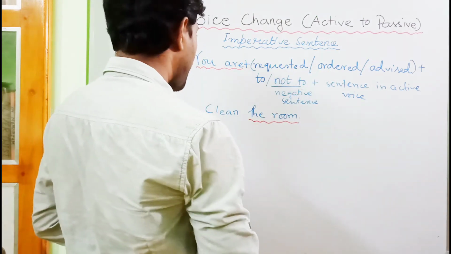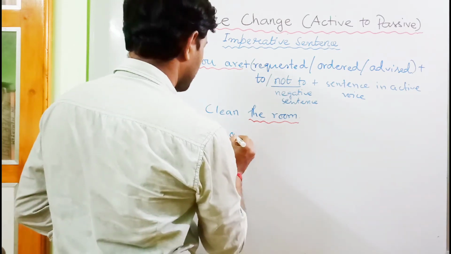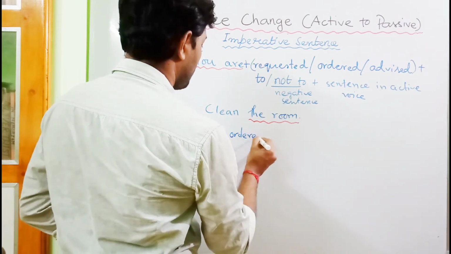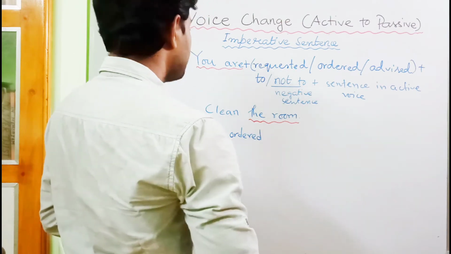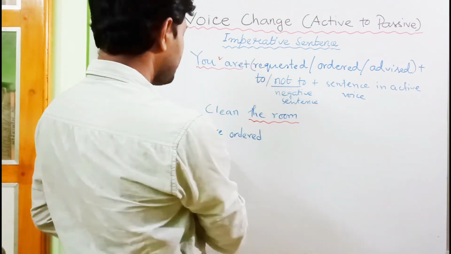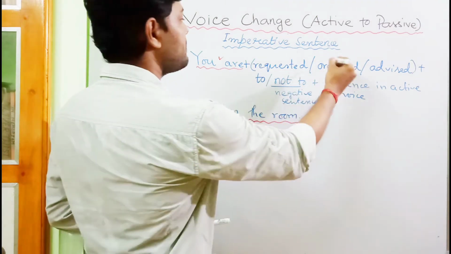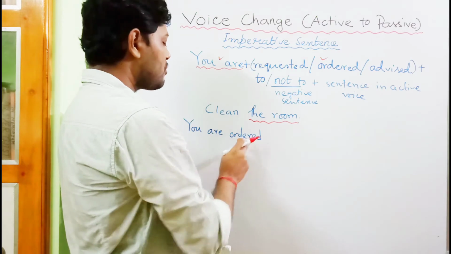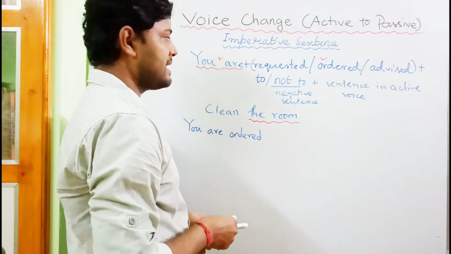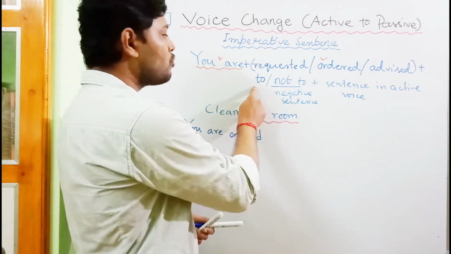So, you are ordered. So the first step, "you are," has been done. In the second step we have written down the command also. You are ordered. Then we have to write "to" or "not to."